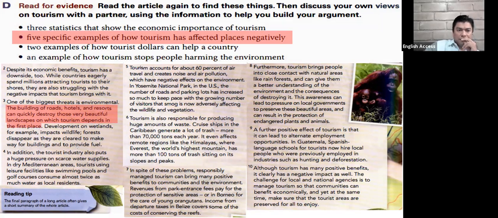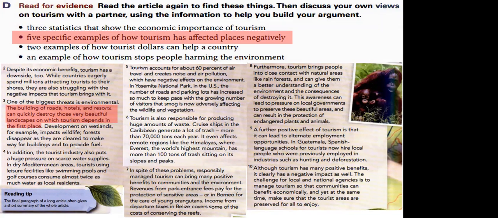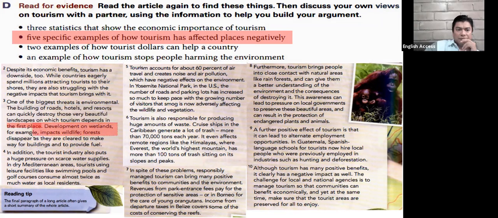Another example. Development of woodlands impacts wildlife. Forests disappear as they are cleared to make way for building and to provide food. That's the same, isn't it? Yes, actually, it's in the same paragraph. Yeah, it's the same. So it's not a different one. Okay. So let's take a look at another one.